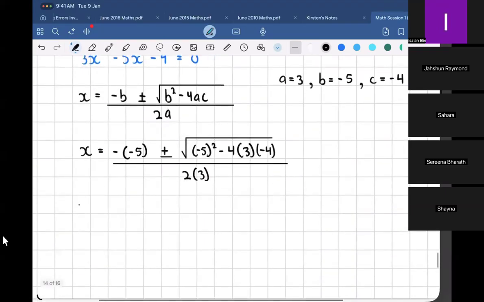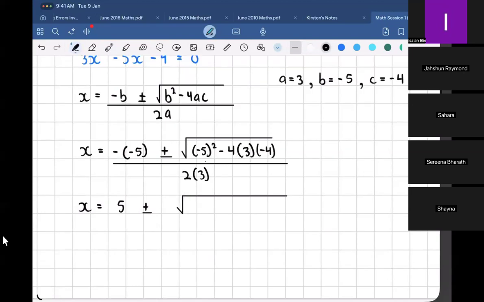So help me simplify this. What's negative by -5? Positive, +5, right? Plus or minus the square root of 25 minus 4 by 3, that's -12. That'll be plus 48.